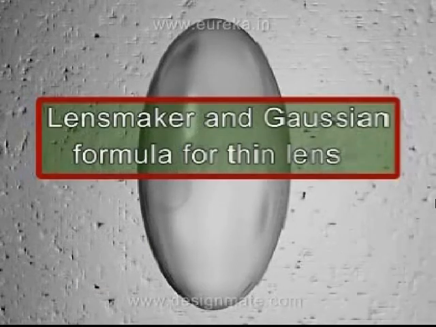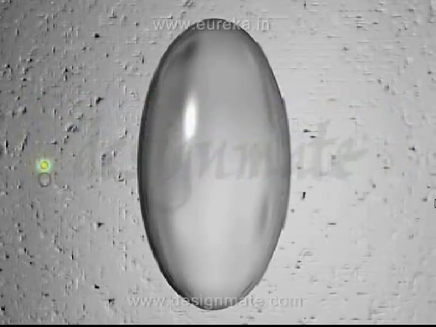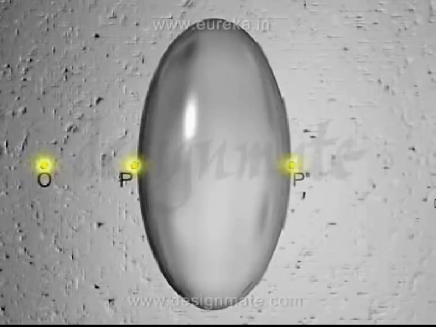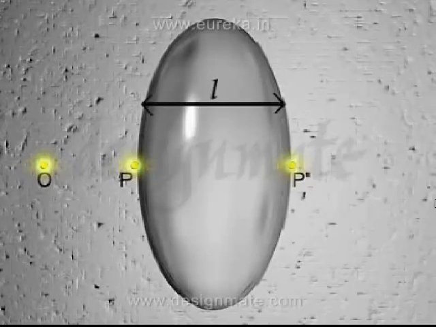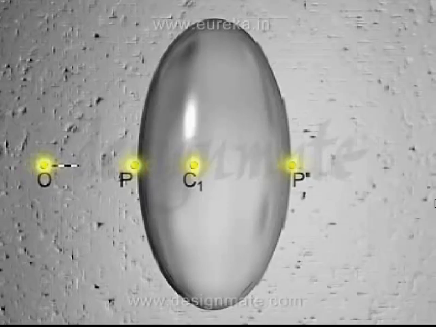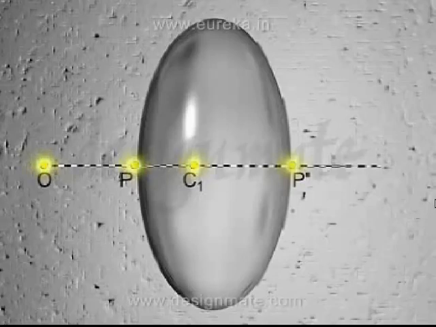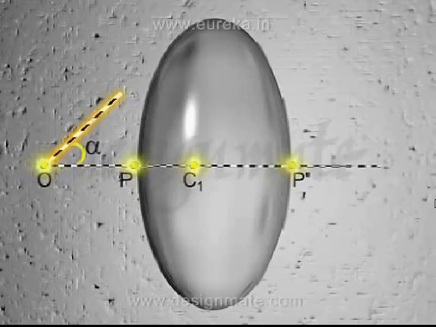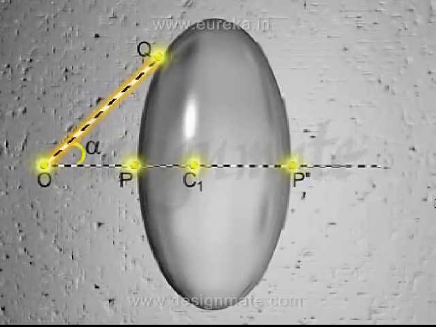Lens maker and Gaussian formulas for thin lenses. A point-like source of light O is arranged on the principal axis P, P' on the lens of thickness L. C1 is the center of curvature of the convex surface facing the object O. A ray of light emerging from O in the direction making an angle alpha with the axis is incident at point Q on the convex surface of the lens.